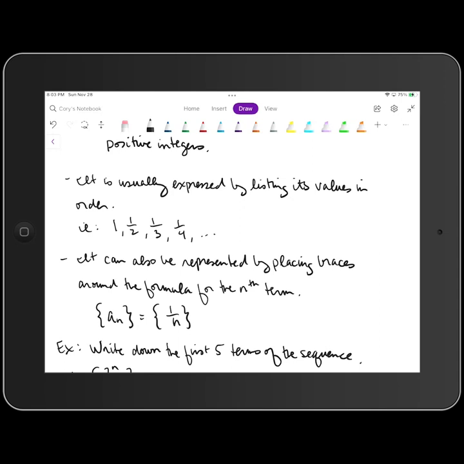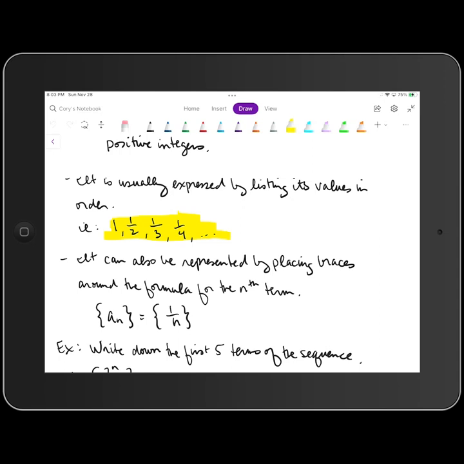So if you take a look at the sequence that we have listed above here, we can write the formula that generates all of the terms of that sequence. That sequence is going to be the sequence a sub n, which we have inside of set braces. And then the formula, which we're also going to write inside of set braces, that generates all of the terms of that sequence is the formula 1 over n.